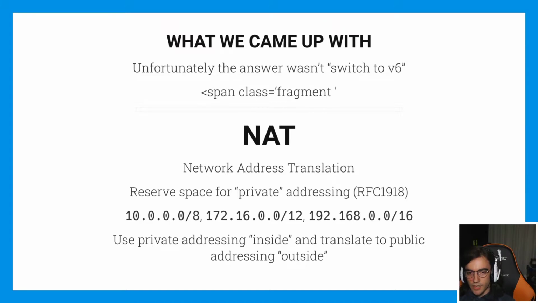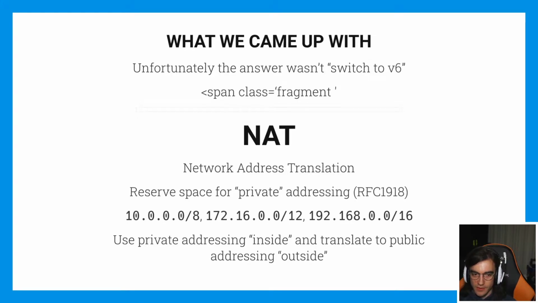To save IP address space, we decided to reserve certain IP address ranges in RFC 1918, a standards document that reserved these ranges here, which are 10.0.0.0/8, 172.16.0.0/12, and 192.168.0.0/16. I'm sure you've all heard of these IP address ranges because you're probably using one of those in your internal network right now.